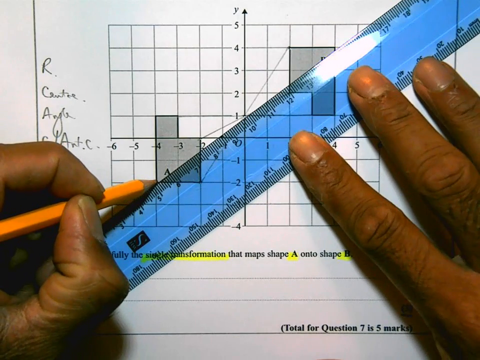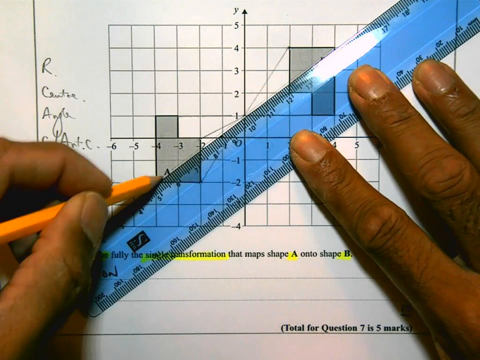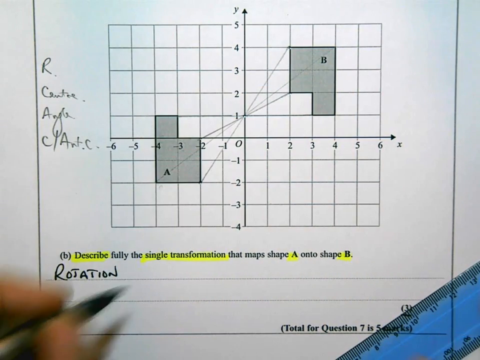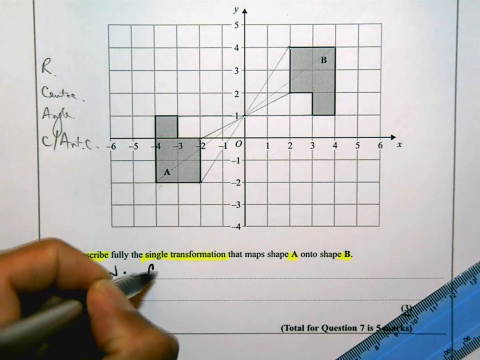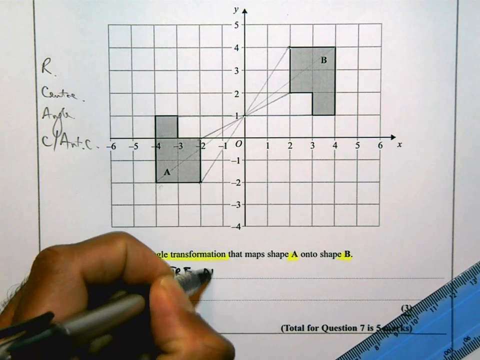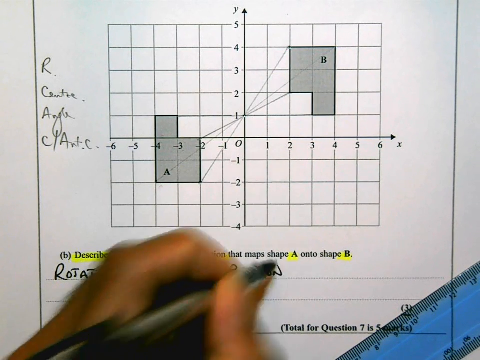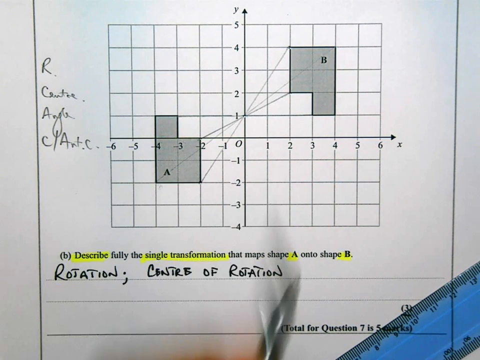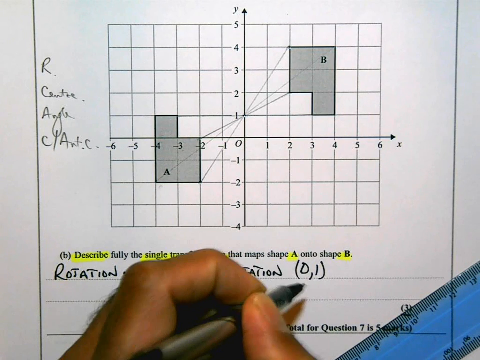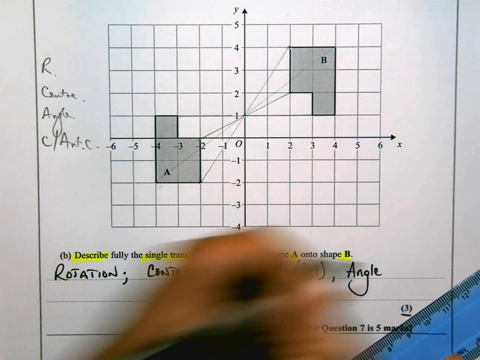Again they cross at that point there. So the center of rotation is going to be (0, 1), and the angle that it's turned through is 180 degrees.